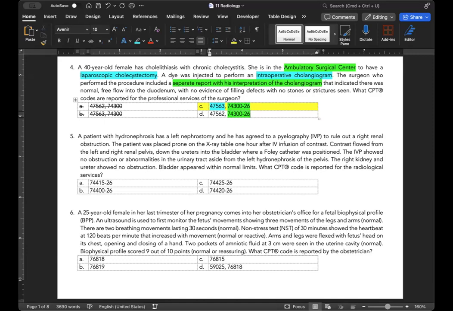The IVP showed no obstruction or abnormalities in the urinary tract aside from the left hydronephrosis of the pelvis. The right kidney and ureter showed no obstruction. The bladder appeared within normal limits. So what CPT code are we going to report for the radiological services?